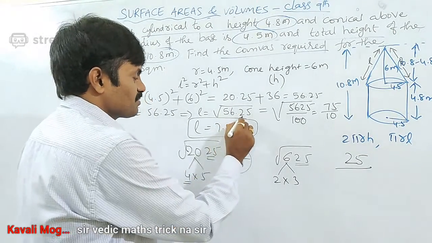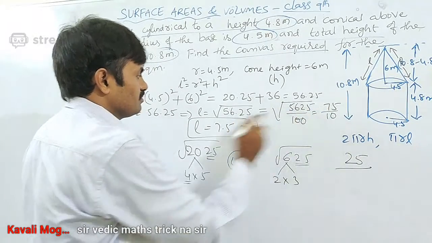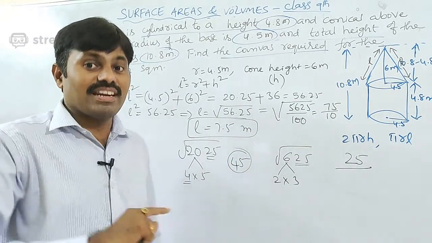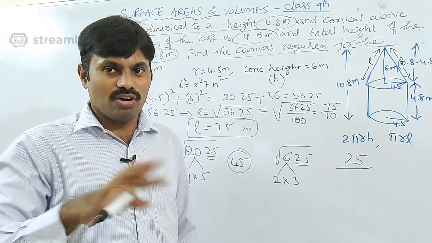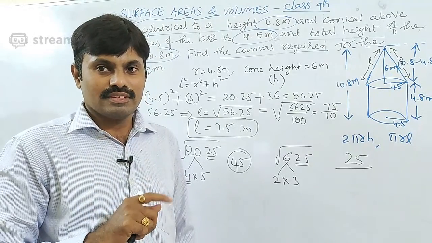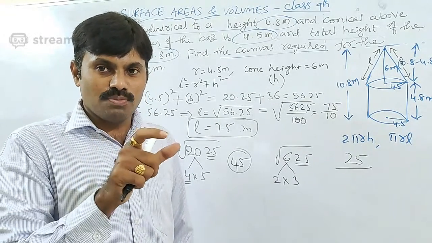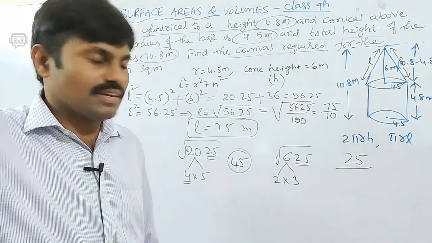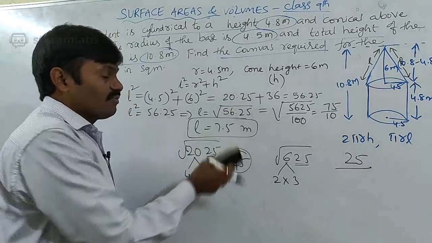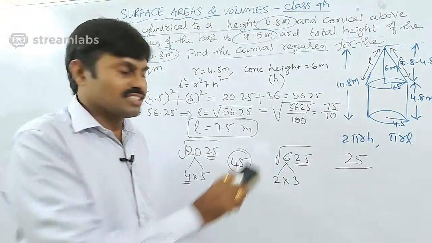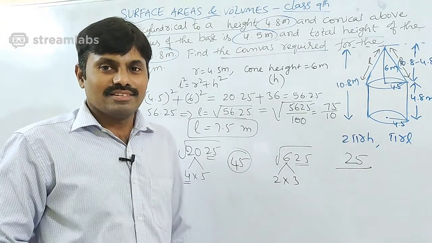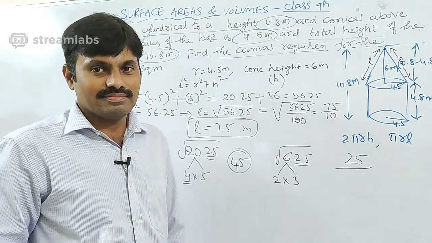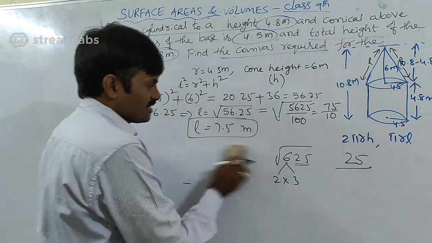Similarly, for 56.25 the square root is 5, and 56 can be written as 7 into 8. Of these, 7 is the smallest, so we take 7. This is an easy way to find the square root, and it is only applicable when the last two digits are 25. Otherwise it is not possible.